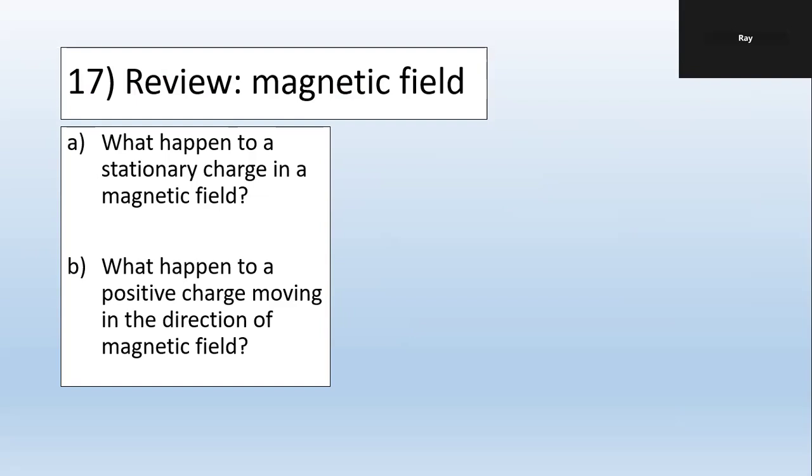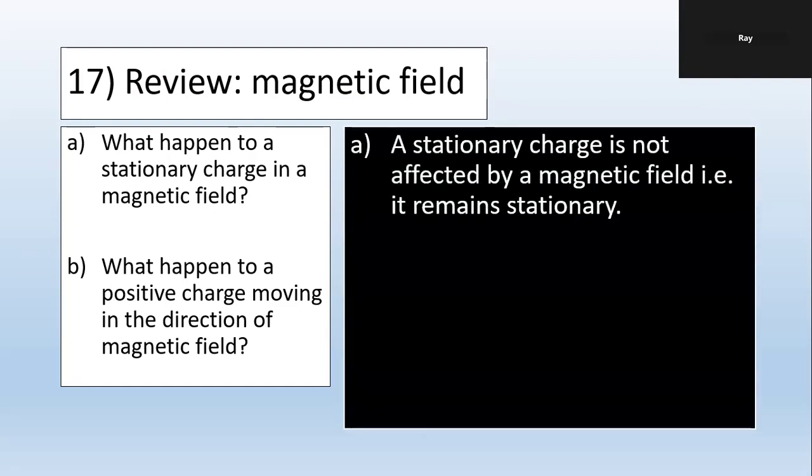Is it nothing? It remains stationary. Not affected. It's only when it's moving at an angle to the field that it is affected by the magnetic field. What happens to a positive charge moving in the direction of the magnetic field?